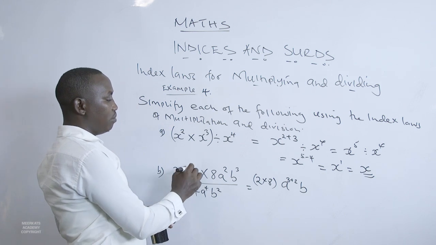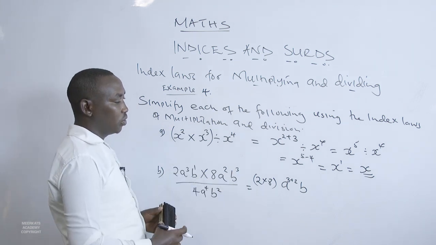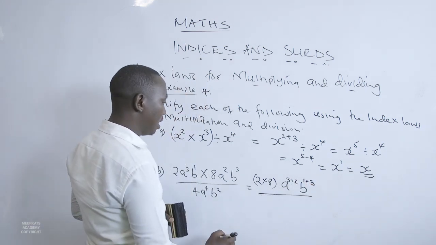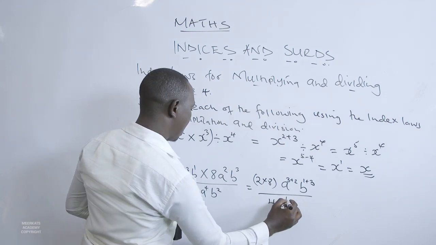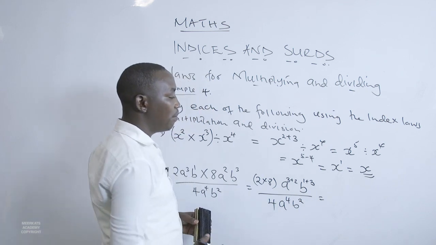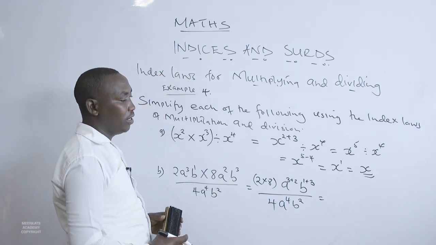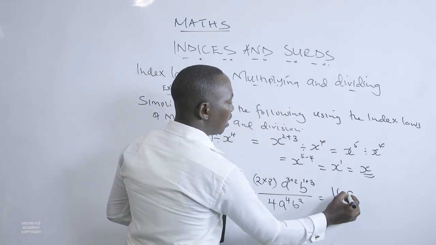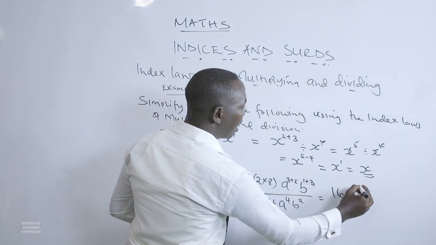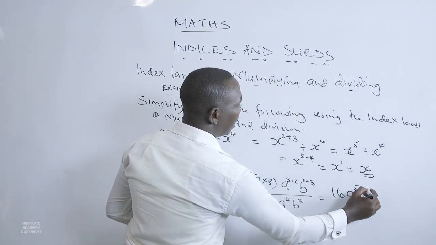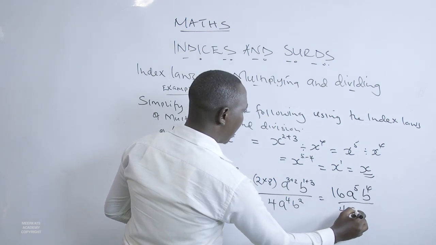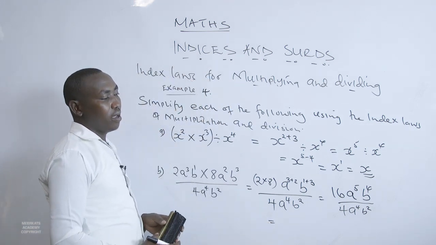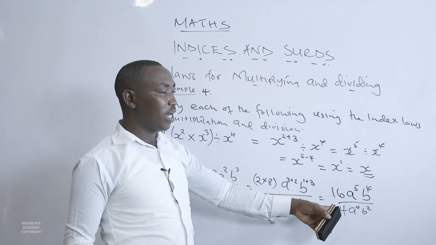Then for b, this is b raised to 1, this is b raised to 3, that will be 1 plus 3. Then we are dividing this by 4a raised to 4, b raised to 2. So when we simplify the numerator, 2 by 8, we are going to get 16. a raised to 3 plus 2 is 5. b raised to 1 plus 3 is 4. All this divided by 4a raised to 4, b raised to 2. Then finally, you can see that 16 divided by 4 is 4.